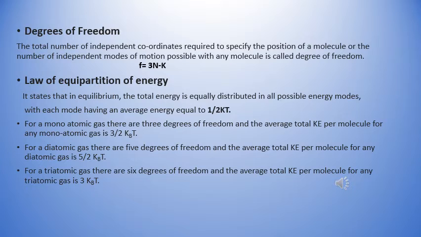So as per the equipartition of energy, the total energy of a monoatomic gas will be 3/2 kT, for diatomic 5/2 kT, and for a polyatomic gas it will be 3 kT.